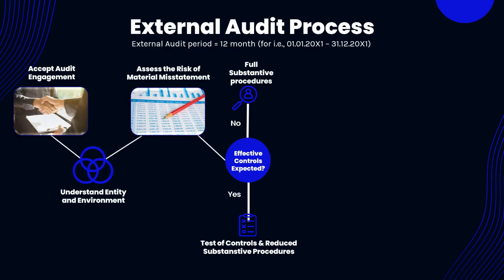So either way, auditors are going to do substantive procedures, whether it's going to be full substantive procedures or reduced substantive procedures. So let's talk a bit more about these procedures or techniques. What are they and how do auditors perform them?